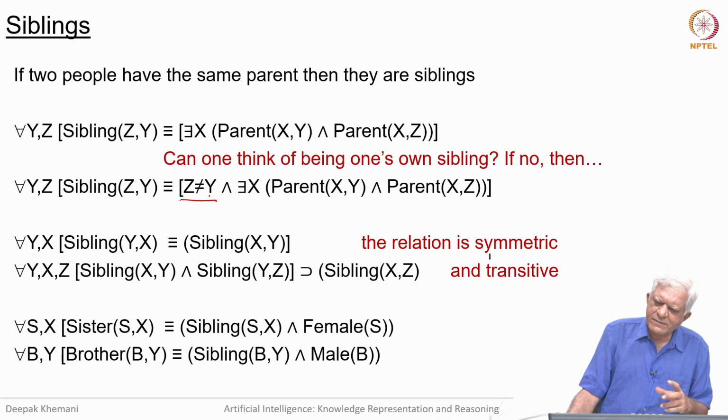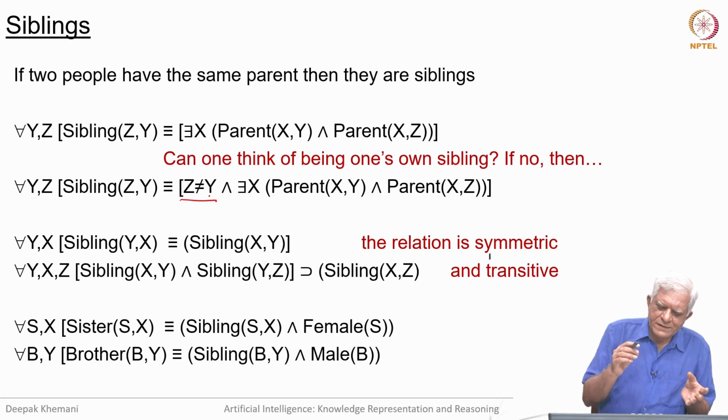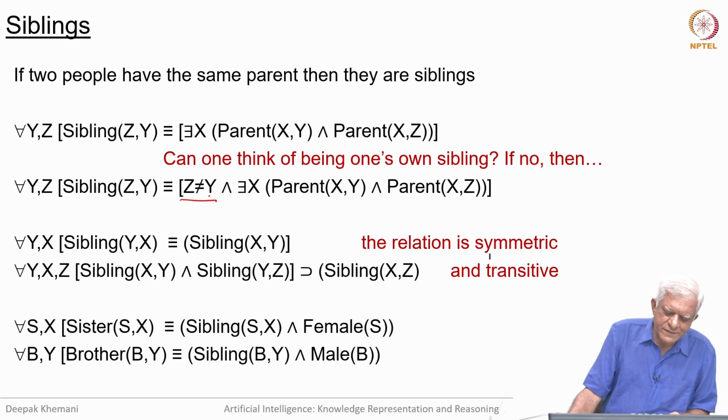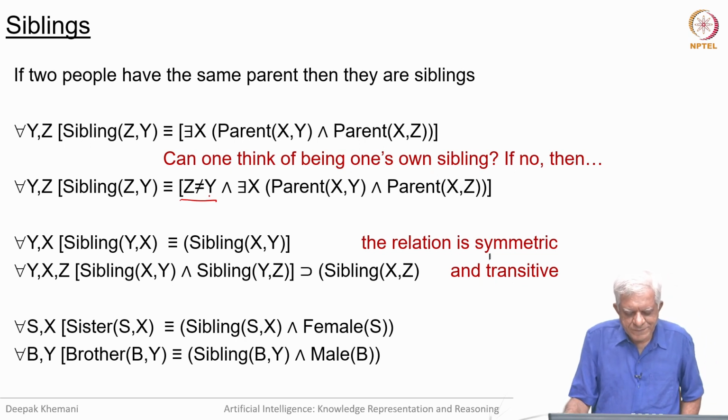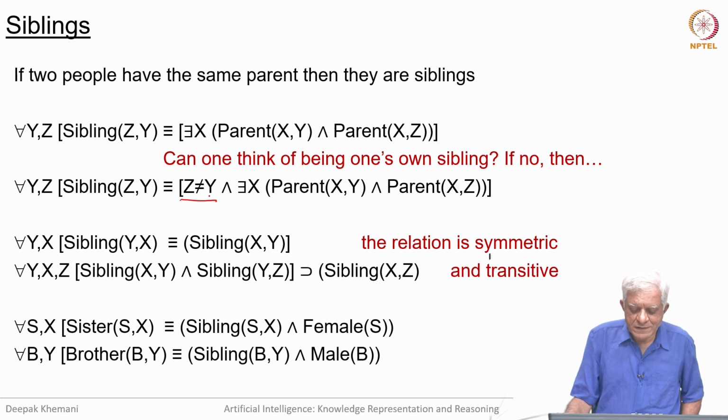This transitive relation, maybe one wants to be a little bit more careful with, because it could be possible that x and y have one parent and y and z have a different parent. Then they are not technically speaking siblings, so one has to be a little bit more careful in defining the transitive relation.